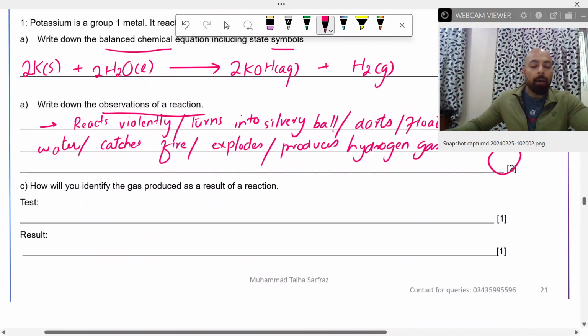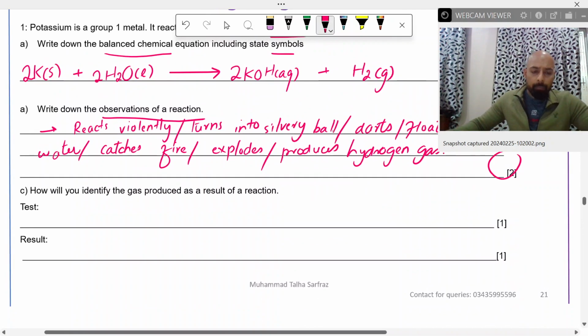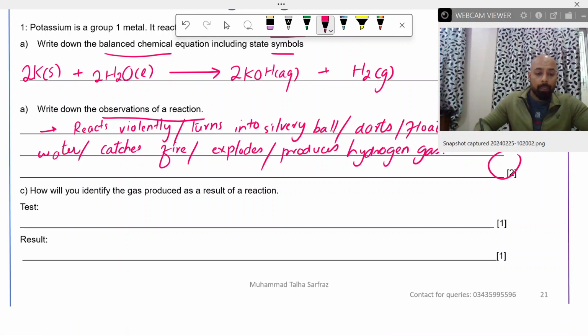ठीक है, now the C part, how will you identify the gas produced as a result of the reaction? Okay, so you see we're saying here that hydrogen gas is produced, right? So this is basically they're asking about the test and result of the hydrogen gas.